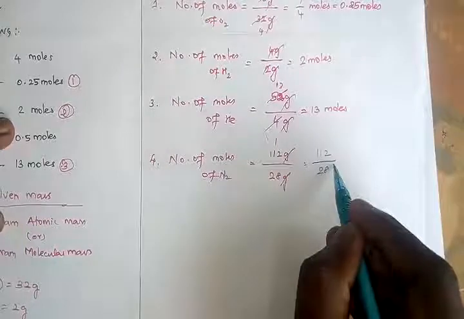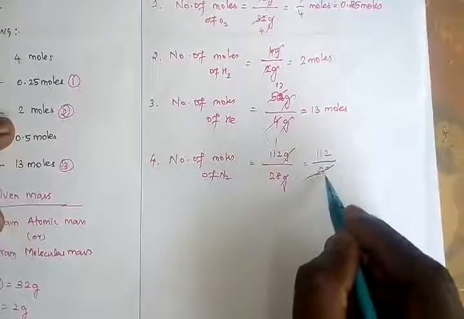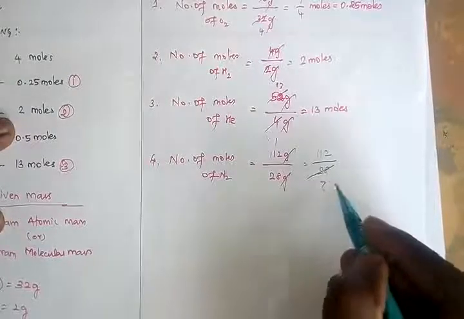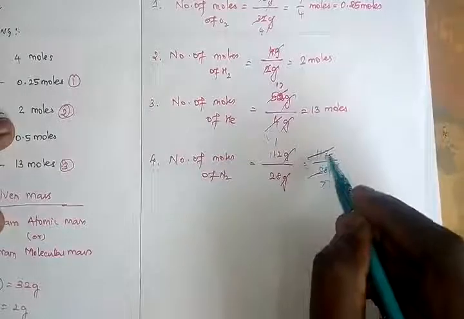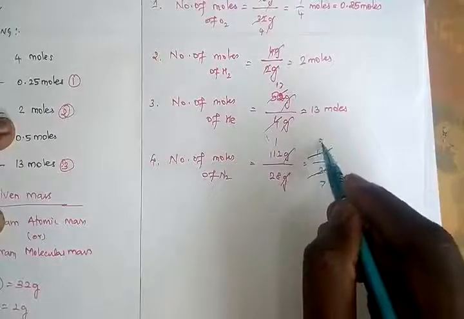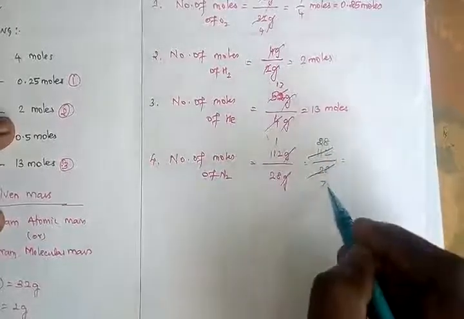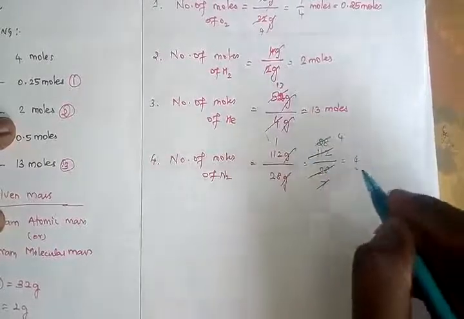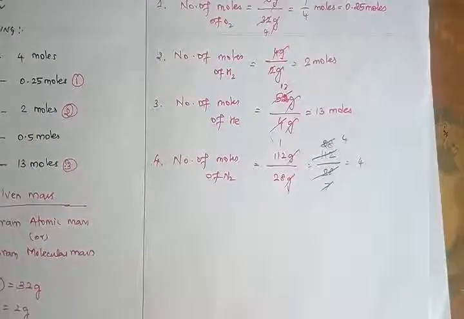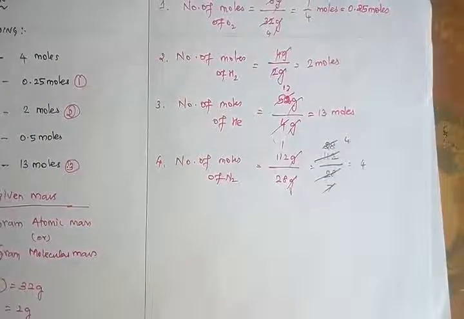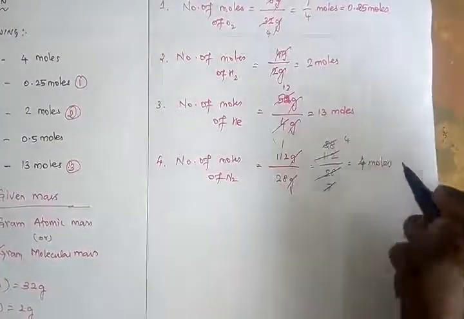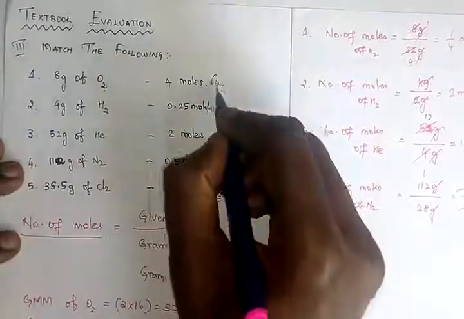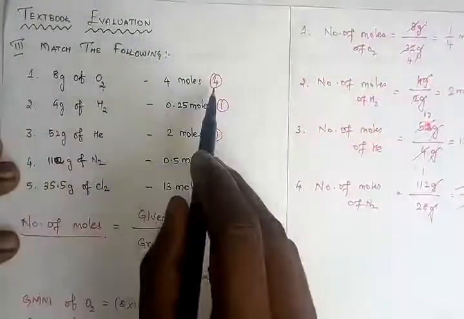Let me go with the 4 table. 28, 6 fours are 24, 7 fours are 28, so it is 7 times. How many 7s are 28? It is 4 times. So the answer is 4 moles. Do you have an option of 4 moles? Yes, the option is the first one.